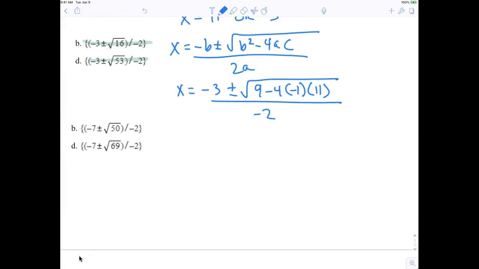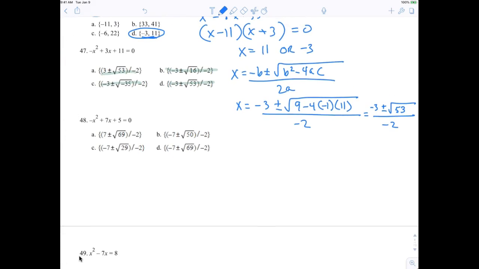Inside the radical here, what do we get? 53 is what I got. So now we know the correct answer is negative 3 plus or minus the square root of 53. We knew right off the bat it couldn't be C because we can't have a negative under the radical.